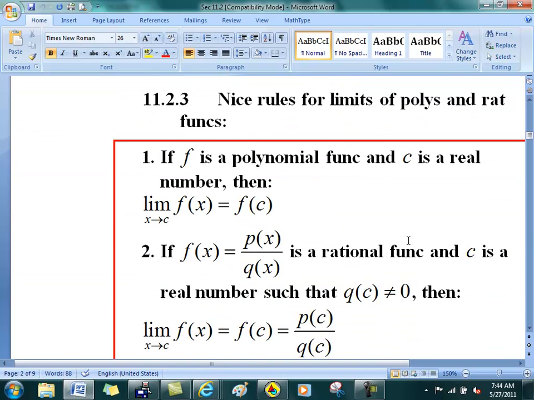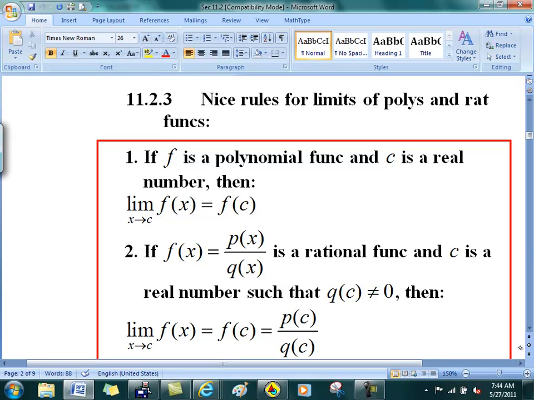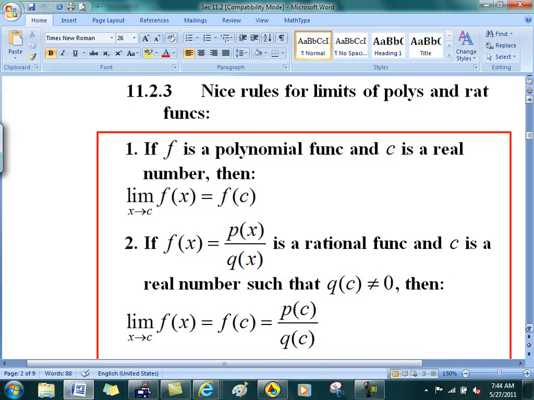Okay, some nice rules to find limits of polynomials and rational functions. Take that down. It looks really intimidating, but the bottom line is, it works.